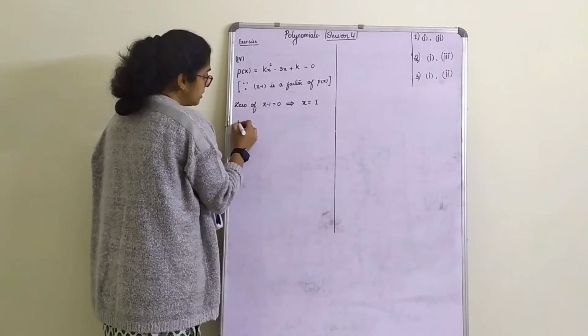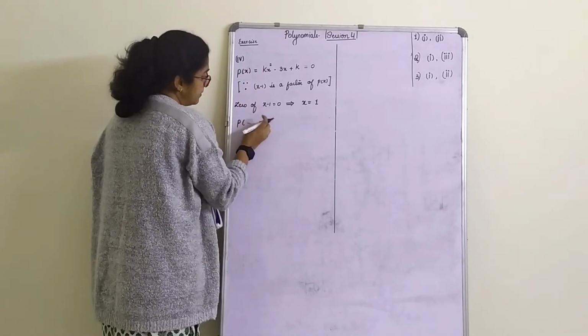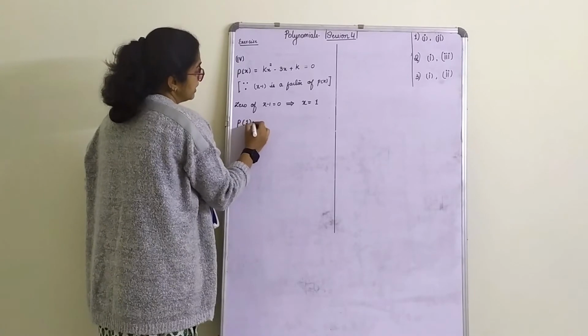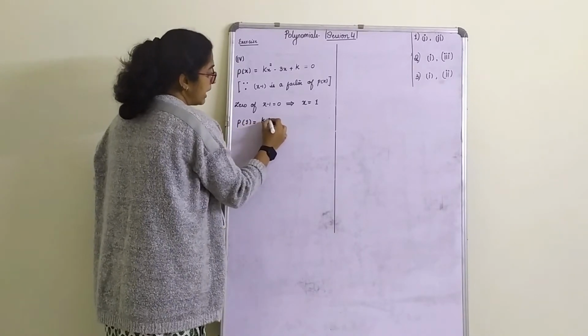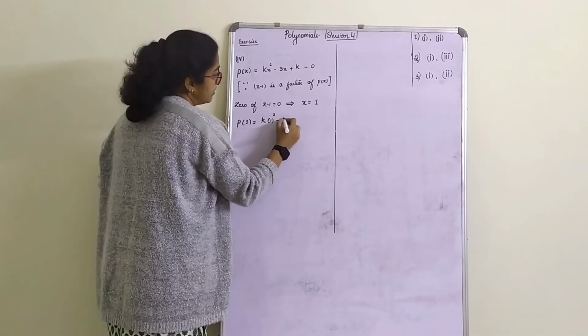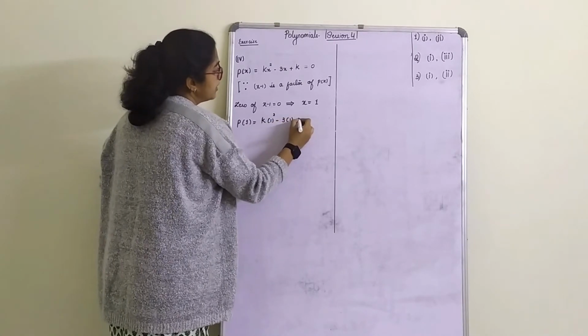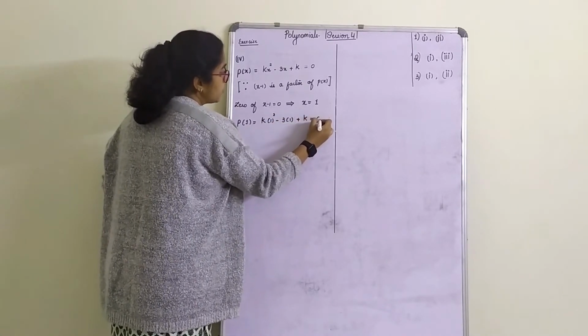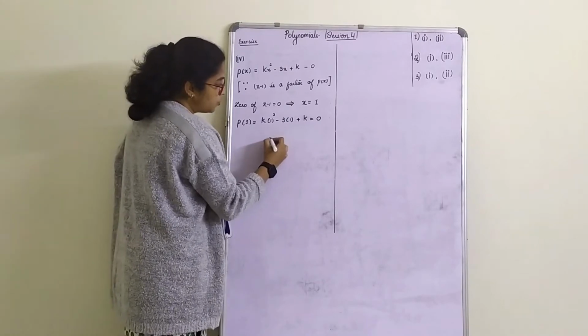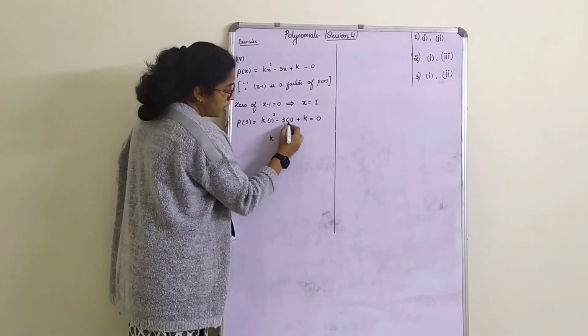Let's substitute. p of 1 is equal to k into 1 square minus 3 into 1 plus k is equal to 0. So k into 1 is k.